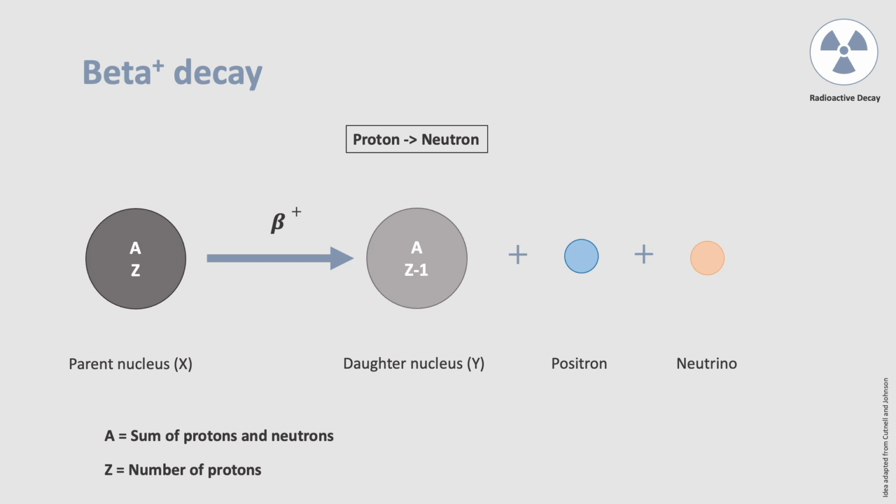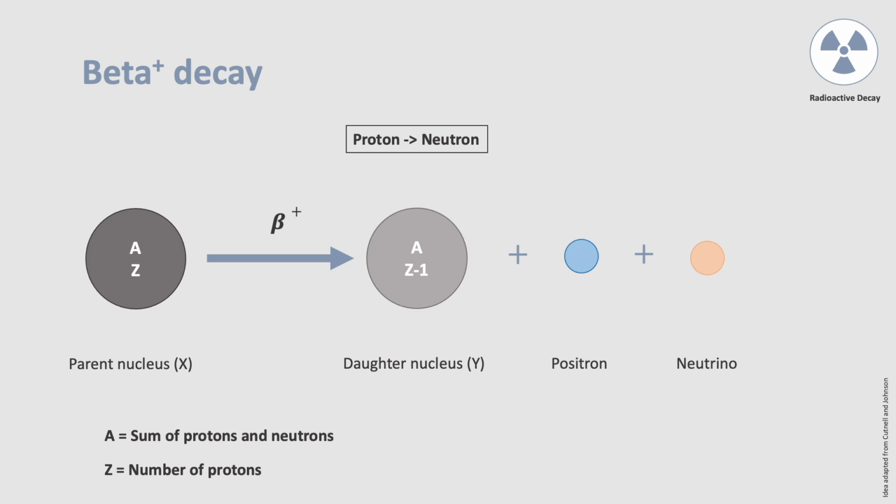Here is the beta plus decay pictured graphically. The darker circle represents an unstable atom X with A, number of particles in total, and Z, number of protons. It undergoes the process of beta plus decay and becomes atom Y, the lighter circle, by transforming its excess proton into a neutron.